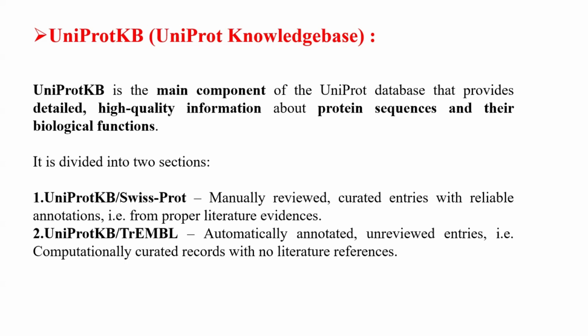The UniProt KB is divided into two sections: UniProt KB SwissProt, which has manually retrieved and curated entries with reliable annotation, meaning the proper literature evidence is present, and UniProt KB TrEMBL, which is automatically annotated or unreviewed entries. These are basically computationally curated records with no literature references, or they are represented from other databases.